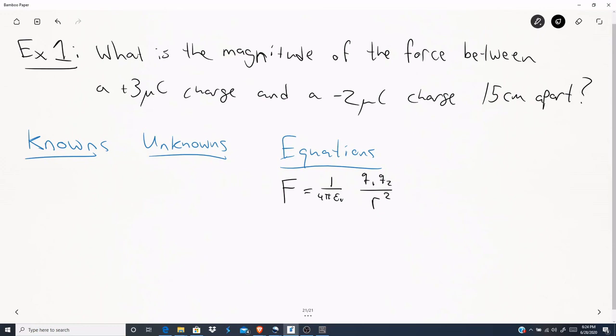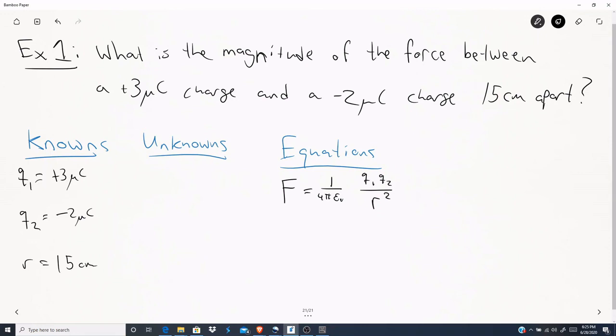My knowns are the charges and the distance. Charge 1 is positive 3 microcoulombs. Charge 2 is negative 2 microcoulombs. And the distance is 15 centimeters.